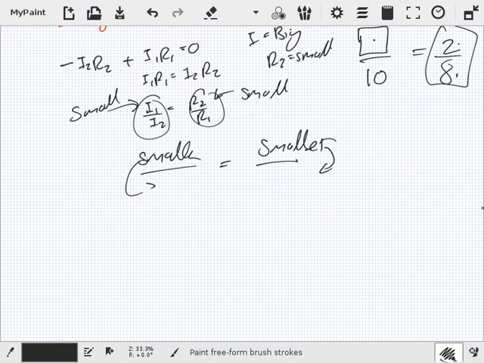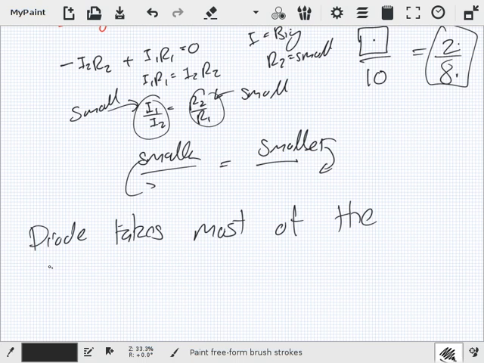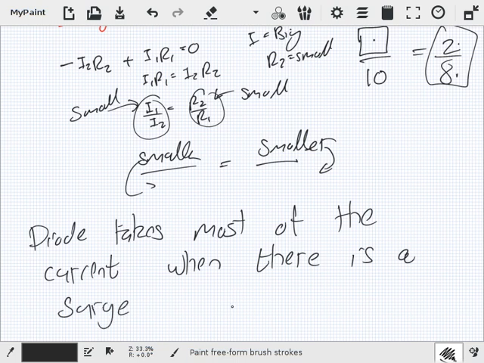That's how it protects it. So the diode takes most of the current when there is a surge. And you can draw a little picture here. There's the ammeter and there's the diode.